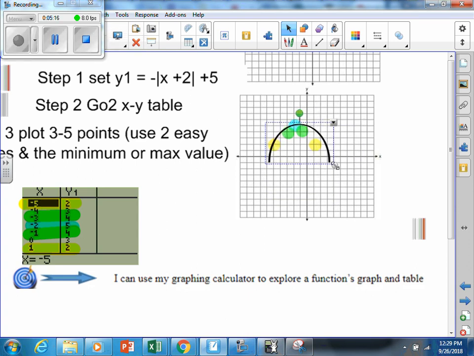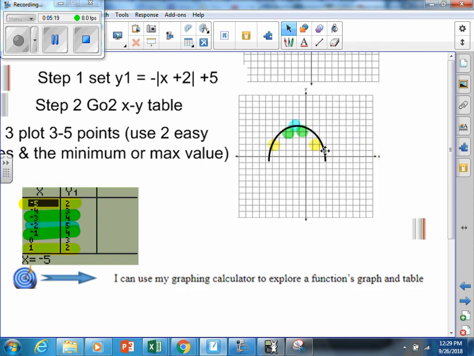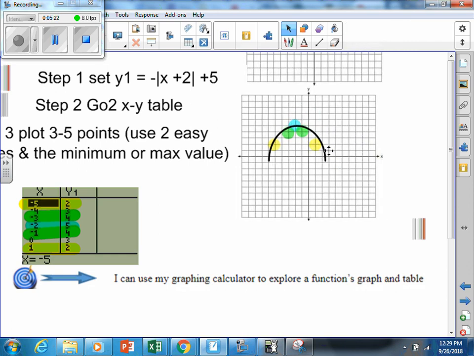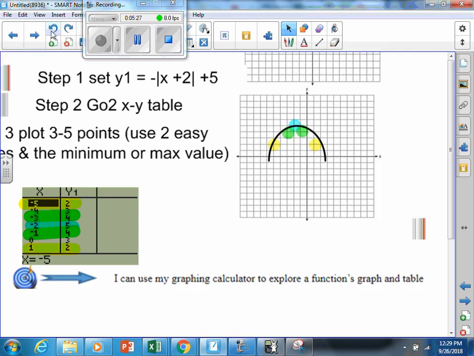I know I'm being precise, but I want you to be precise, so I'm modeling precise behavior. I think you guys kind of get what Mr. McCray is trying to attempt to do. I want these values as precise as possible. You guys are actually at an advantage because you can kind of do it by hand.